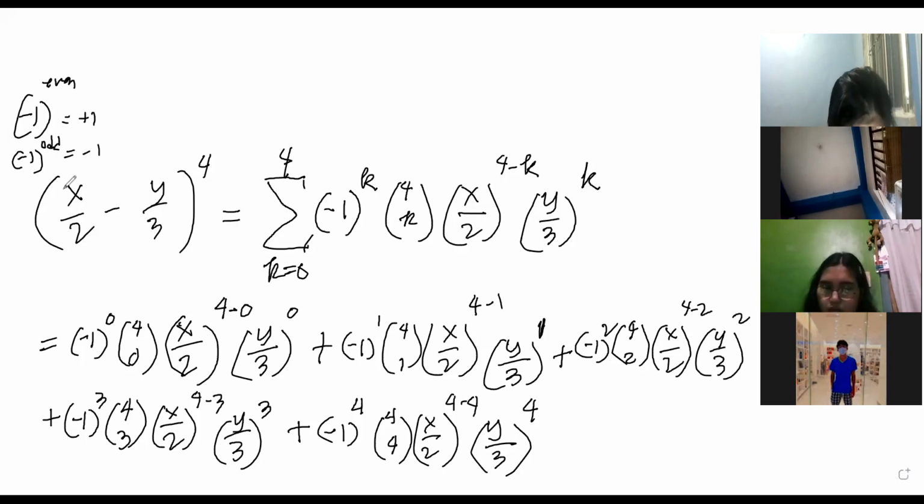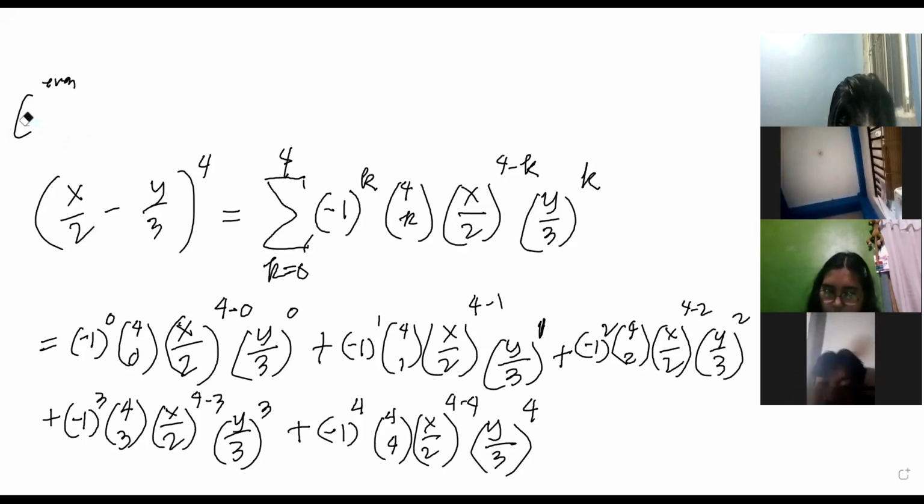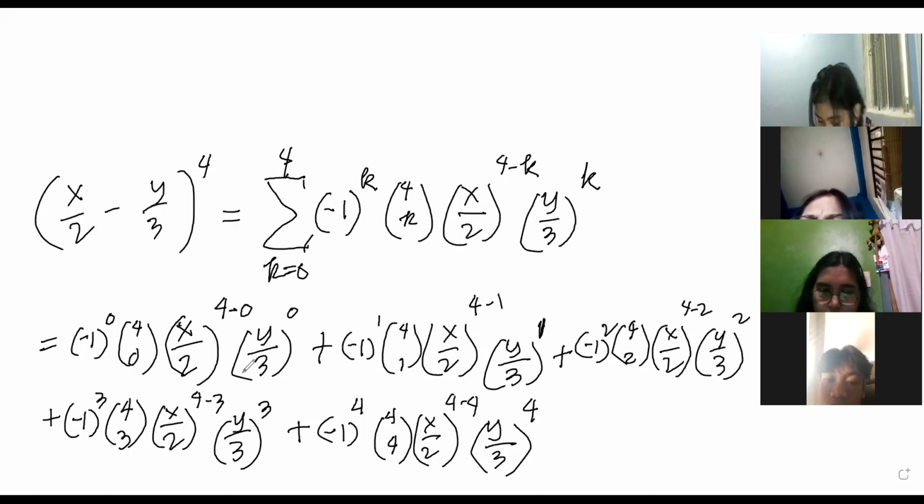Okay? Nalang kasayon. So, in the first term, this is 0, so it is positive, right? 4 taken 0 is just 1. So positive 1, positive 1, positive 1.